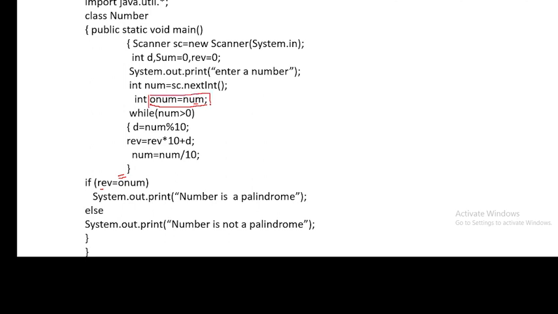The reason I told you earlier also: when you apply this loop, while num greater than 0, and here you are updating this expression, every time you are reducing it by dividing it by 10, so ultimately this number will become 0. So if you don't give this type of statement, what will happen? The original number will be lost.